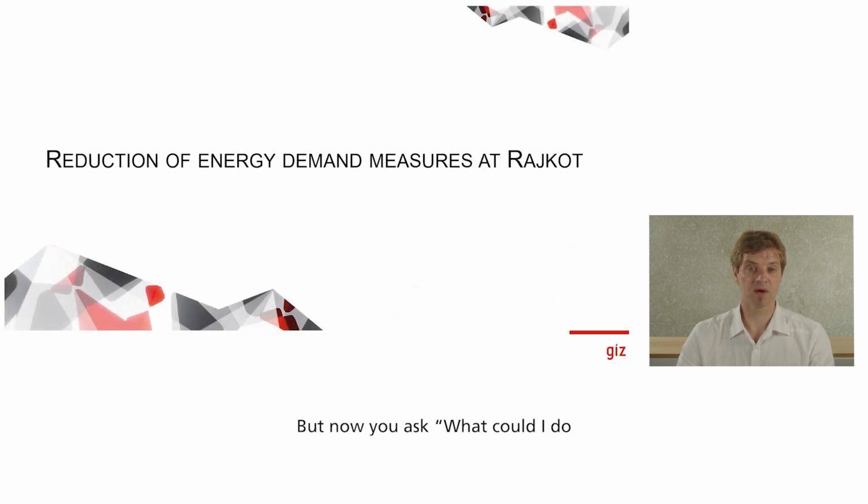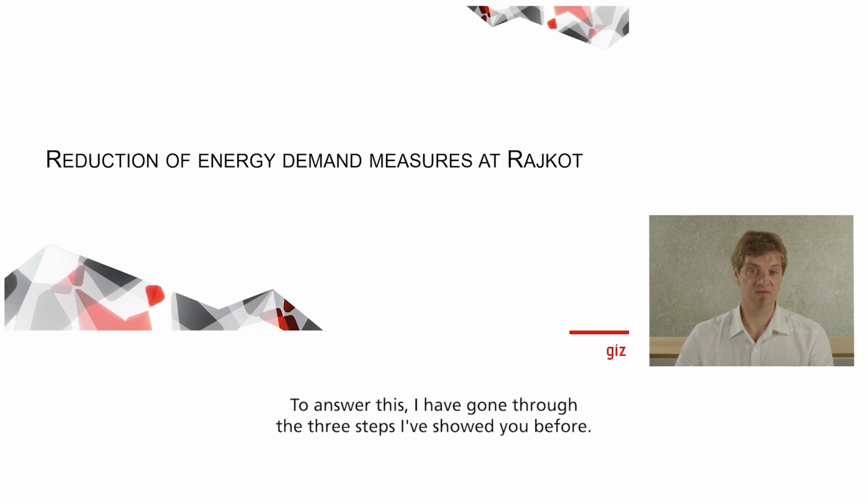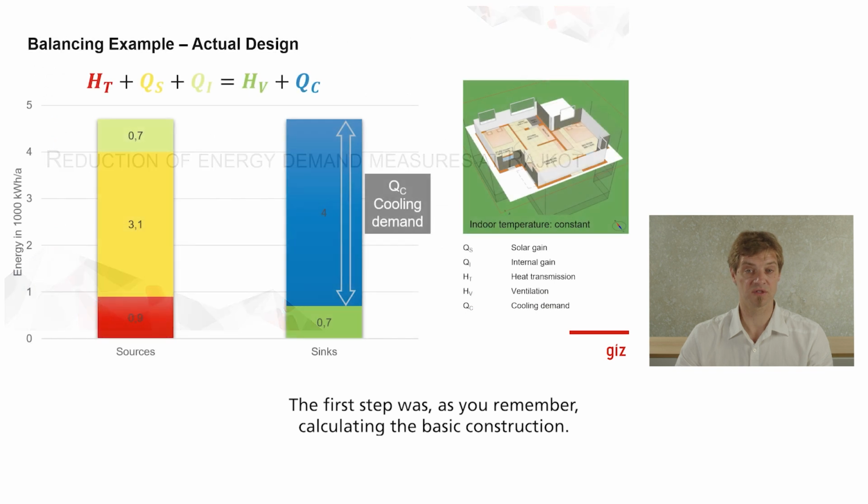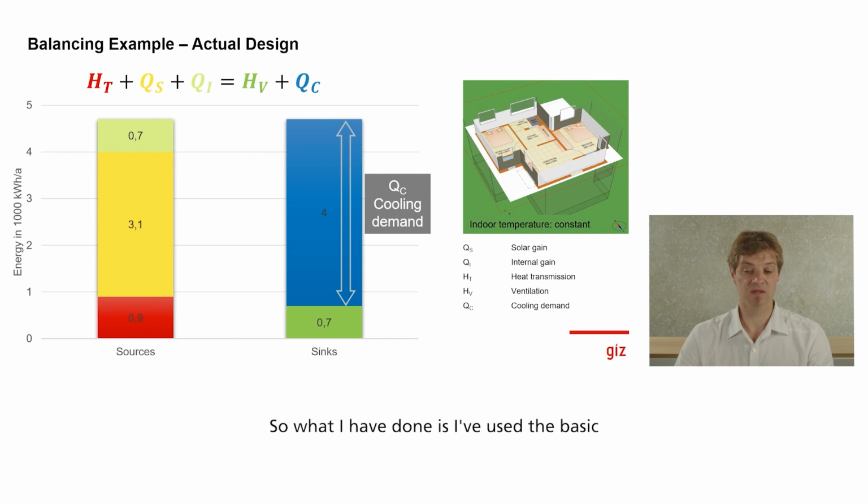But now you ask, what could I do for the RAJKOT construction? To answer this, I've gone through the 3 steps I've showed you before. So the first step was, as you remember, calculating the basic construction. So what I have done is, I've used the basic layout of one of the flats and calculated it using a thermal simulation program.